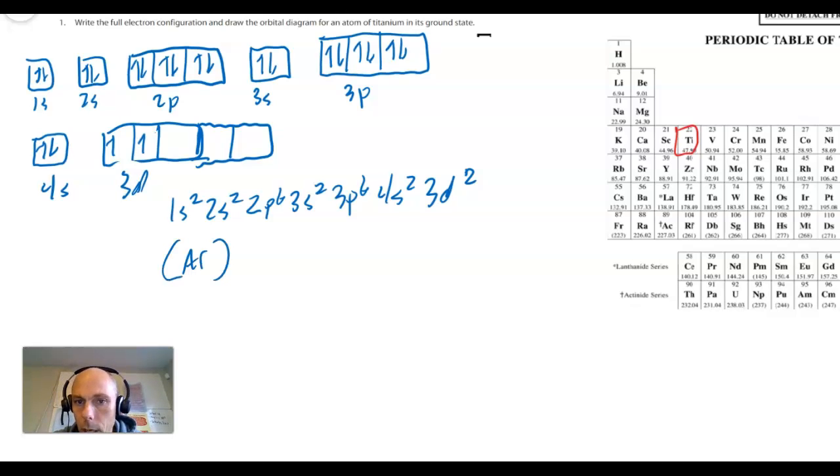I pick up where argon leaves off, which is at the 4s here, and then go 4s2, 3d2. Bracketing argon is the same thing as saying all of that. So there is titanium's orbital diagram, full electron configuration, and core notation.